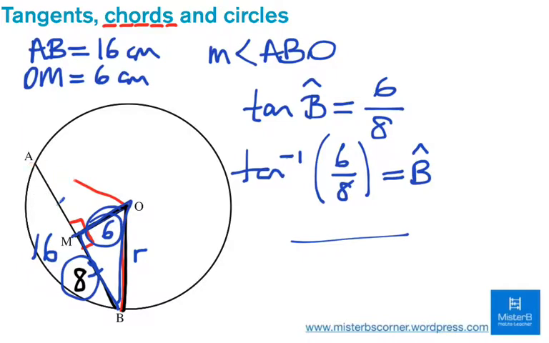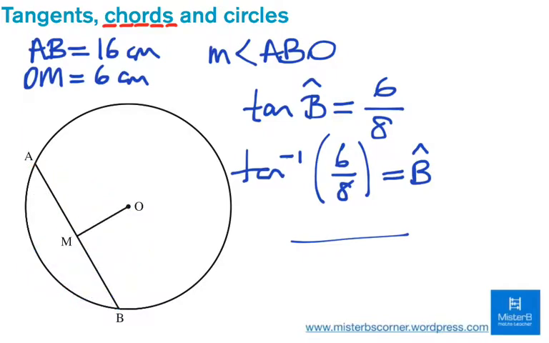So basically what you need to remember is that you can always get a right triangle here by drawing the radius. When you have a right triangle, it is always Pythagoras there. To be able to use Pythagoras, you should remember that AB is bisected by OM, so these bits are the same.